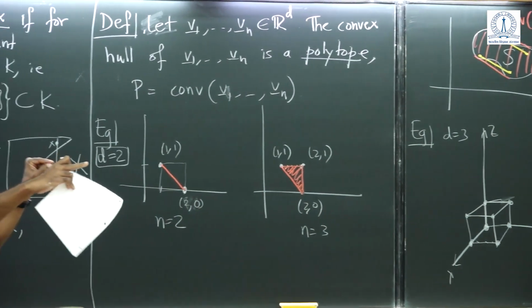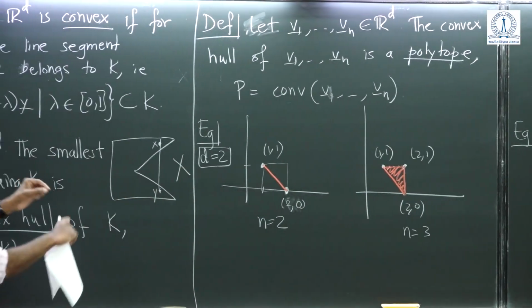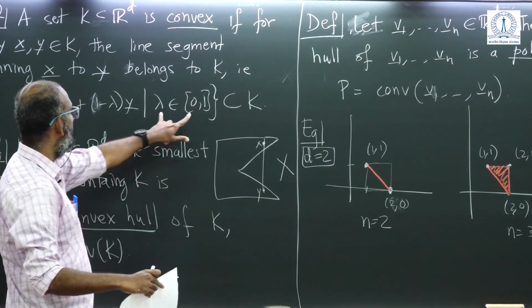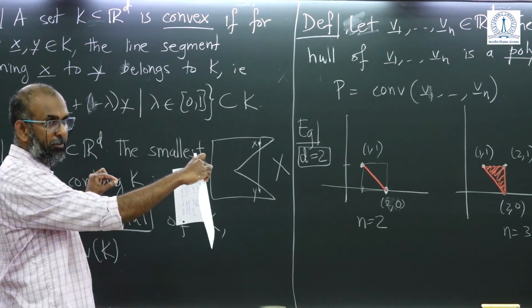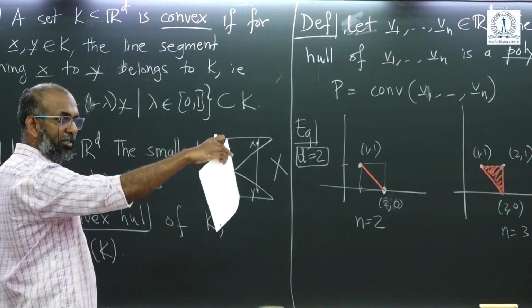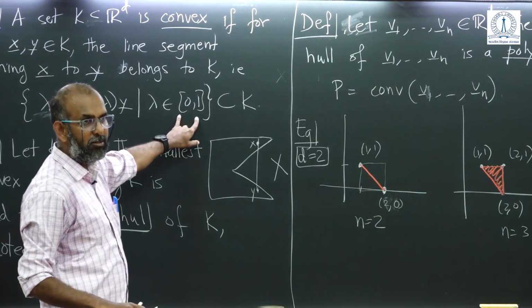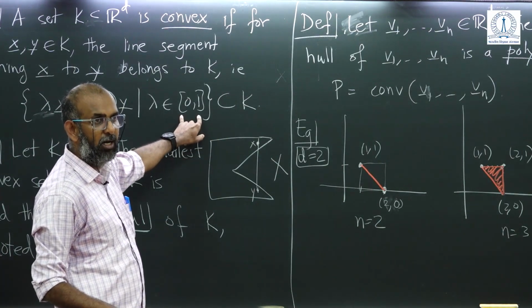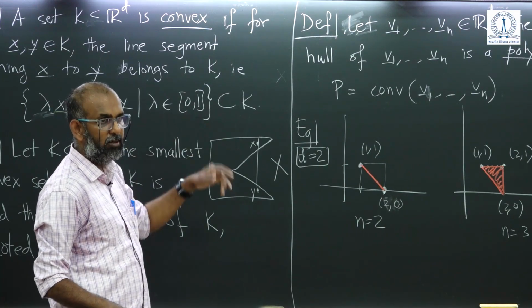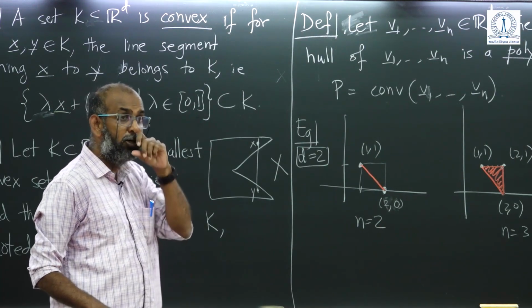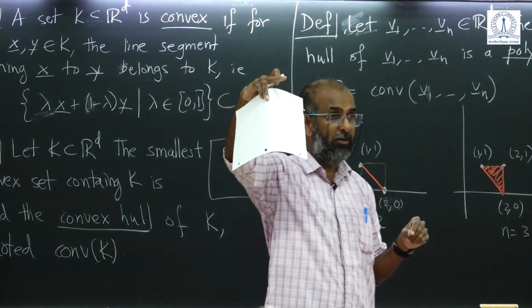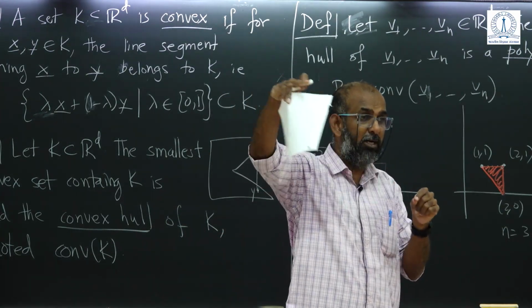So for example, if you have 2 points in x, y, and we just took 0 to 1, we get the line segment joining them. You want to extend it in all directions, so you change 0, 1 to R. It's not a ray, because a ray is infinite in only one direction.